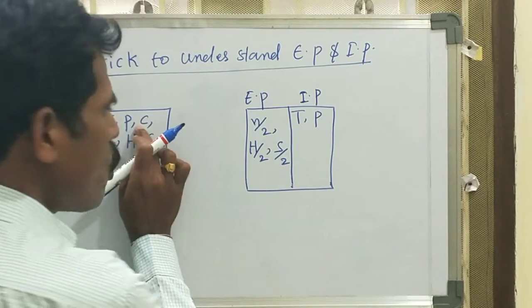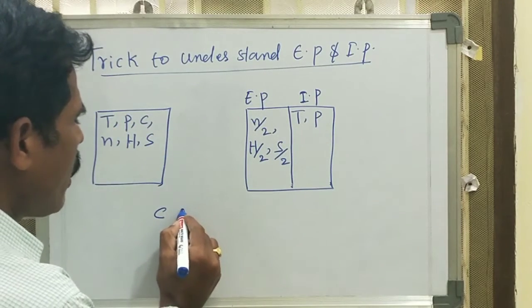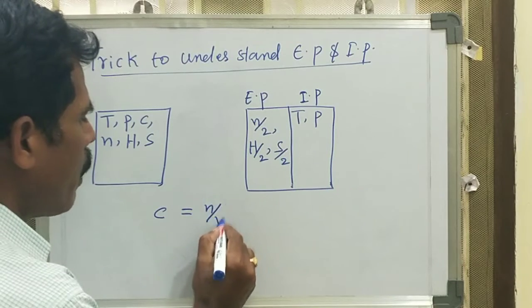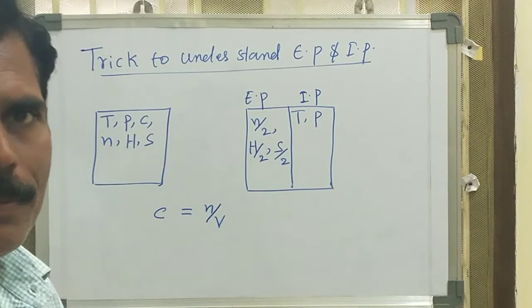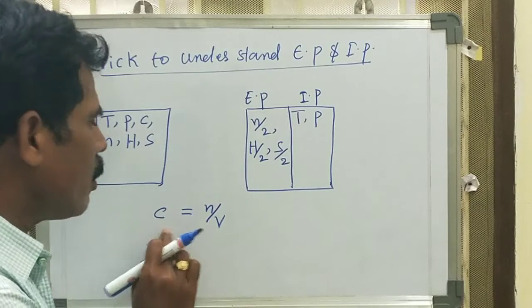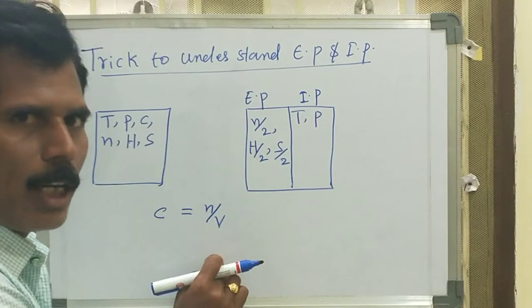Now concentration was left. According to molarity, concentration C is equal to N by V, moles per volume.